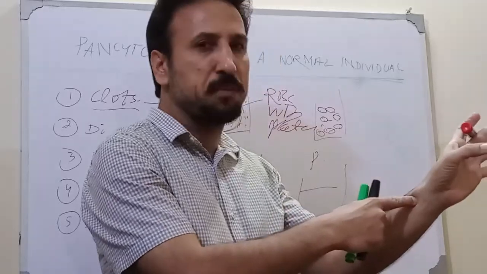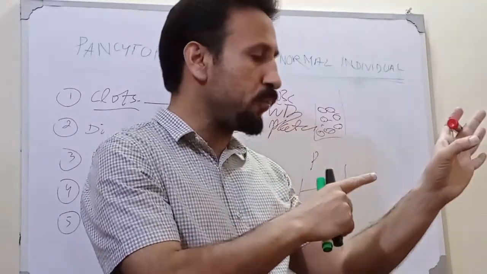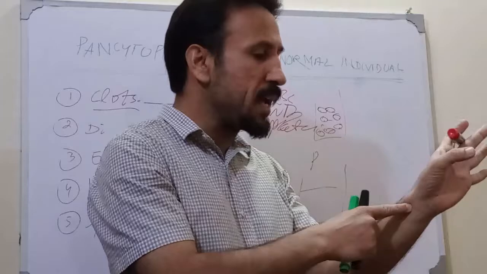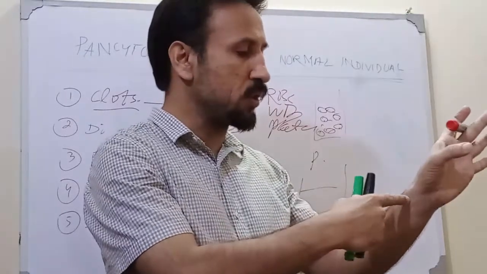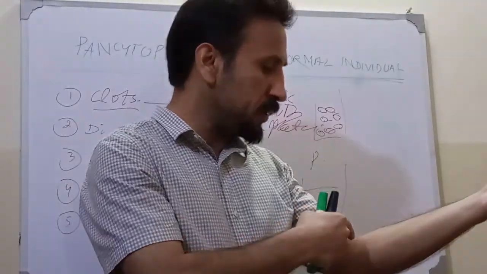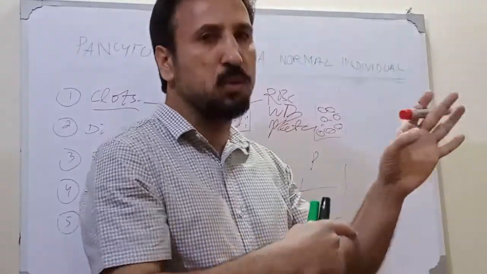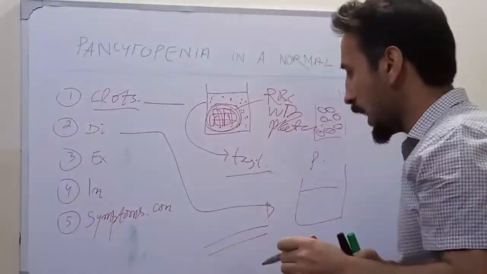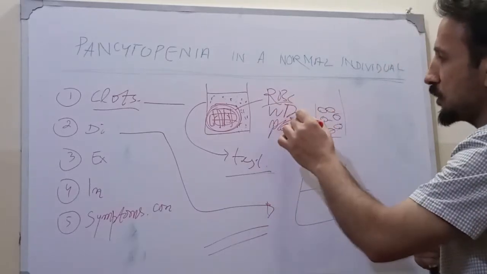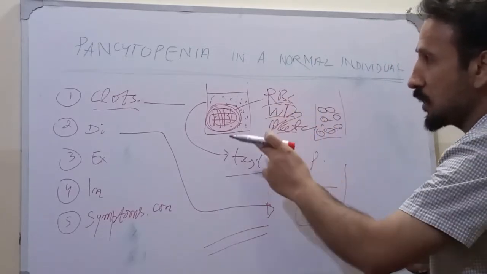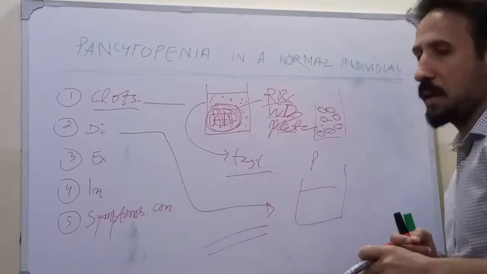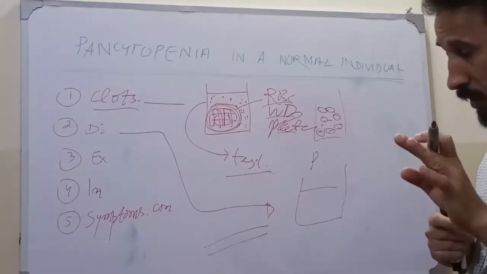So the sample has been taken from the same side, proximal to the insertion of the cannula. For example, if it has been taken here or here or here. This can lead to dilution of all the elements, RBCs, WBCs, and platelets, giving us spurious results as pancytopenia in healthy individuals.